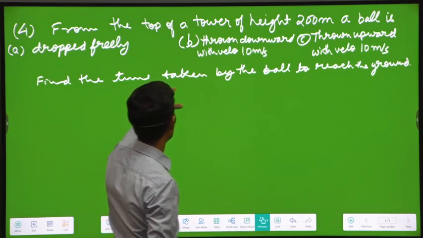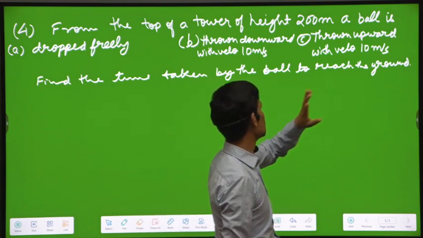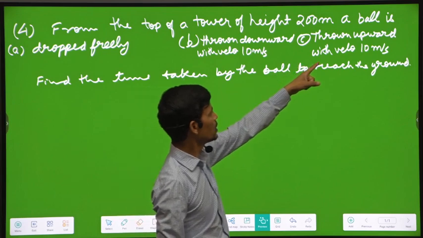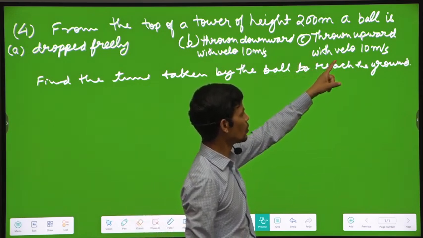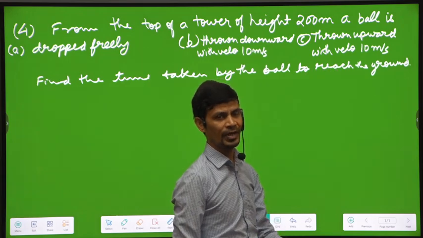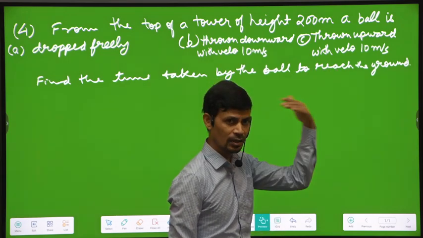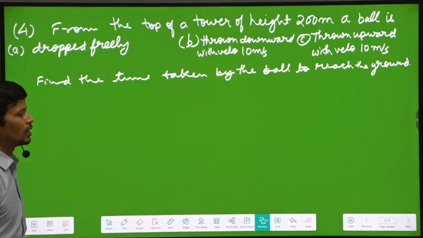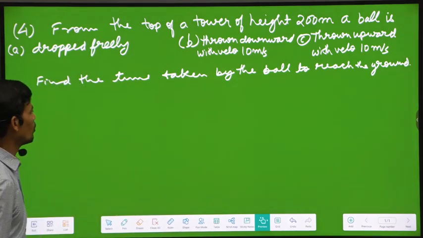Find the time taken by the ball to reach the ground. Means here it's thrown in such a way so that it will never fall back on the building, but it missed the building and will fall down to the ground.